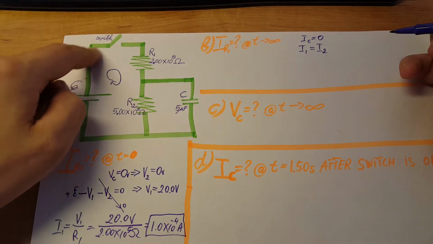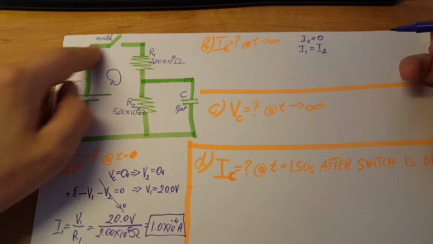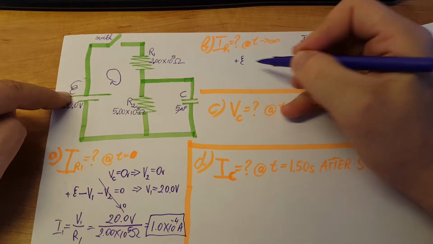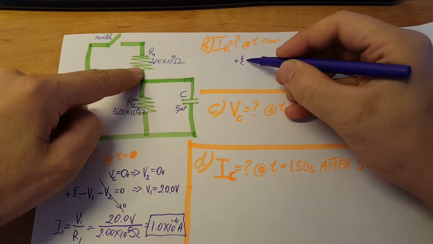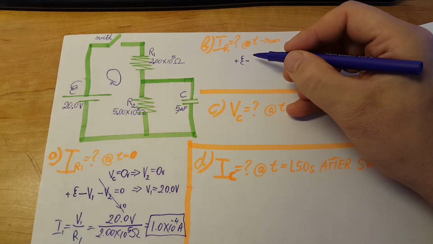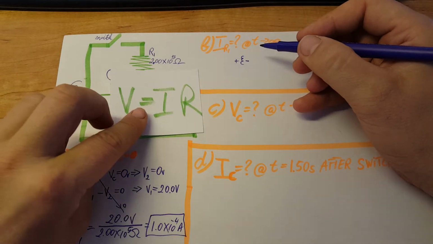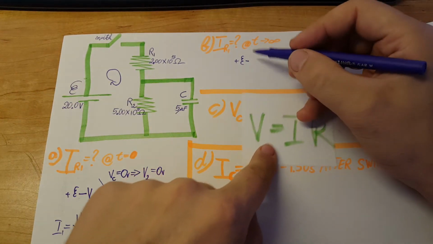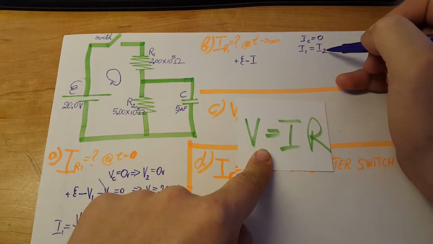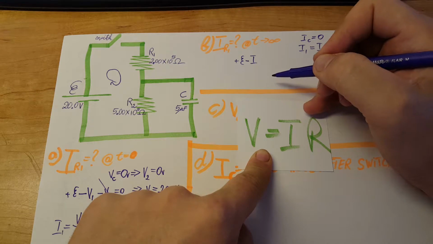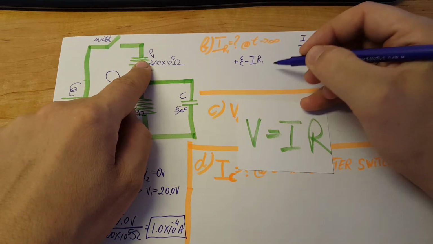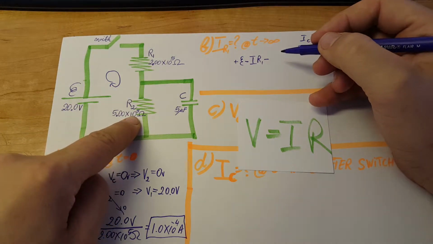Now again, let's do a loop rule in the same area where we did before. Plus the EMF, minus the voltage drop on resistor 1, but this time we're gonna write it with the help of V equals IR. So the current, as we know 1 and 2 are equal, I'm just gonna write it as I times R1, minus the voltage drop on resistor 2.